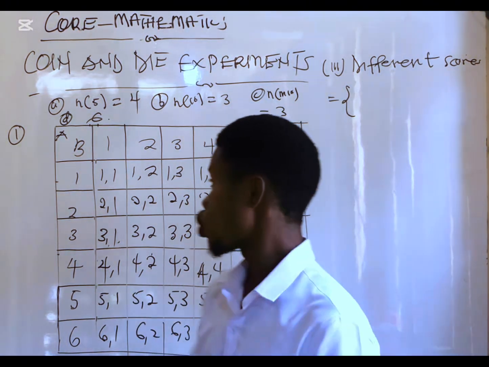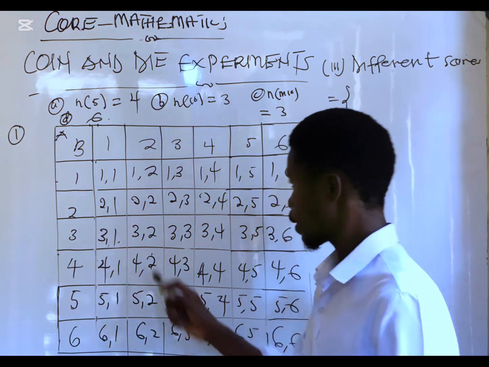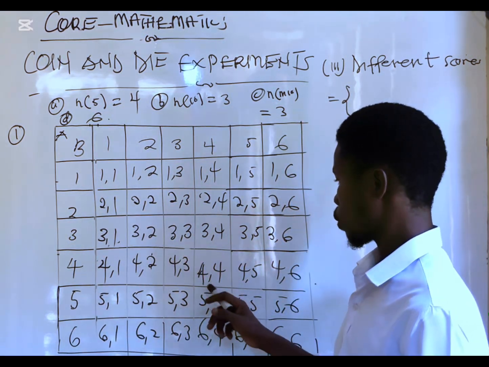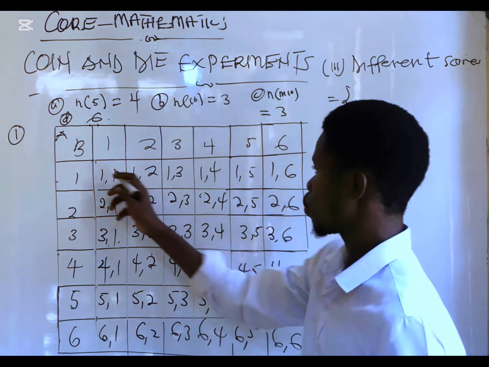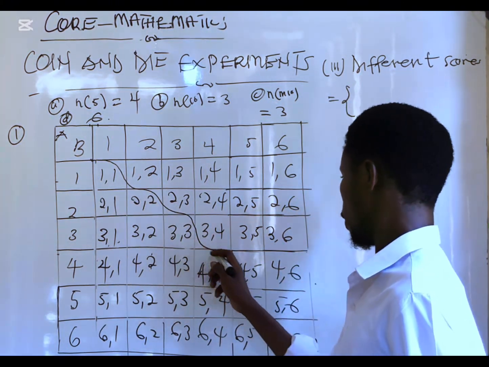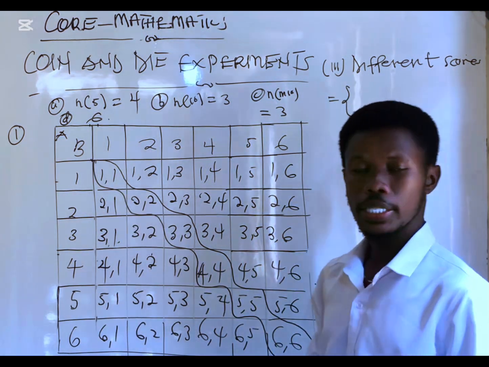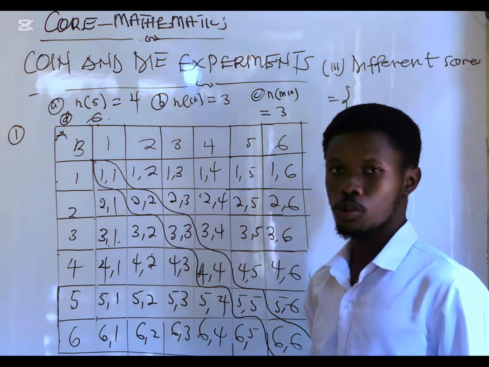That's all. So if I start from here, the same scores will be 1, 1, 2, 2, 3, 3, 4, 4, 5, 5, 6, 6. The remaining are the different scores. So we want the different score.